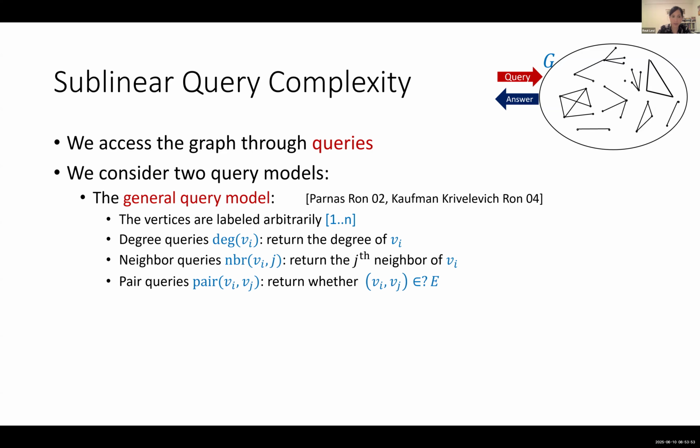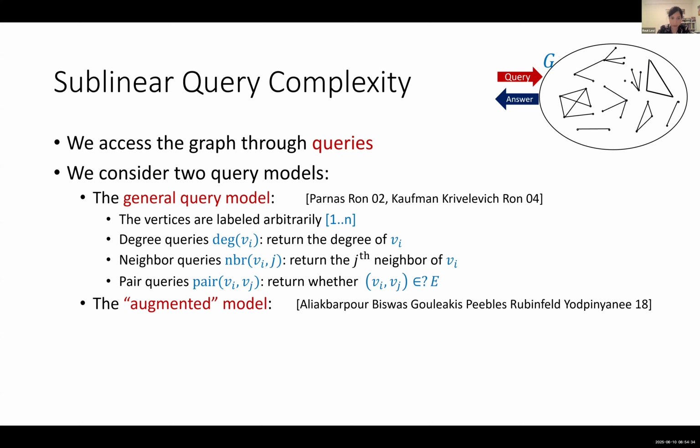The first type is degree queries, where we indicate a vertex, and the return value is the degree of the vertex. Neighbor queries, where we indicate a pair which is a vertex v and an index j, and the return value is the jth neighbor of v. And pair queries, where we indicate a pair of vertices, and the return value is whether there is an edge between these vertices or not.